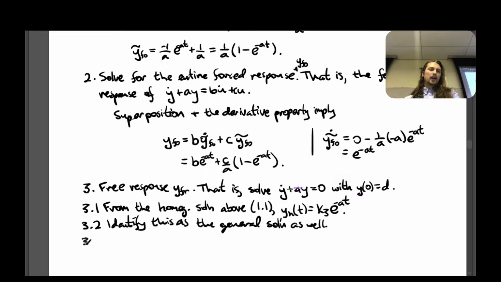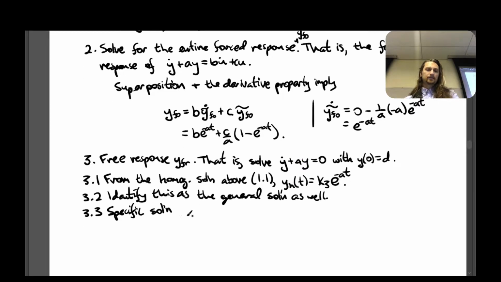Therefore, we're able to find the specific solution by applying the initial condition y of 0 equals d. So applying that initial condition, we say that d is equal to this equation with time equals 0.